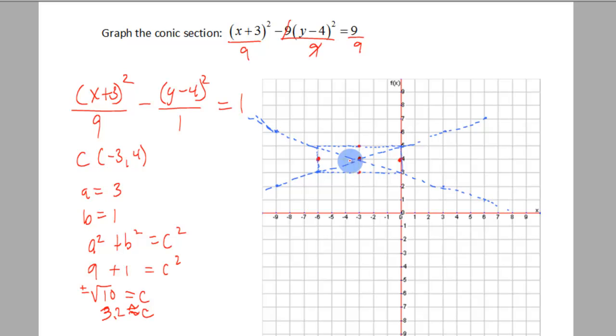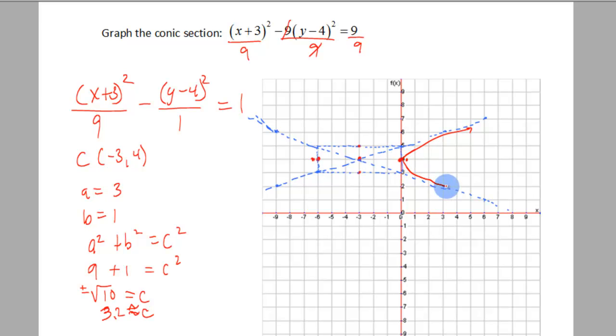So my c value is 3.2. So I go 3.2 from the center of the hyperbola. 1, 2, 3.2. It's going to be out here. So I'm going to put it right about there. And then 3.2 maybe right there just so you can see it, right? Probably is a little bit closer. But those are my two foci. Okay? And then I just graph it in. Start at this vertex, and go out towards the blue line.